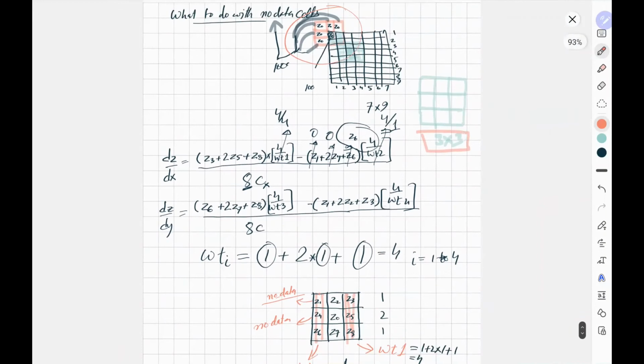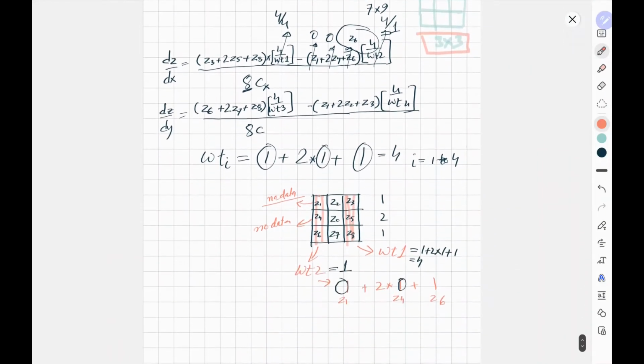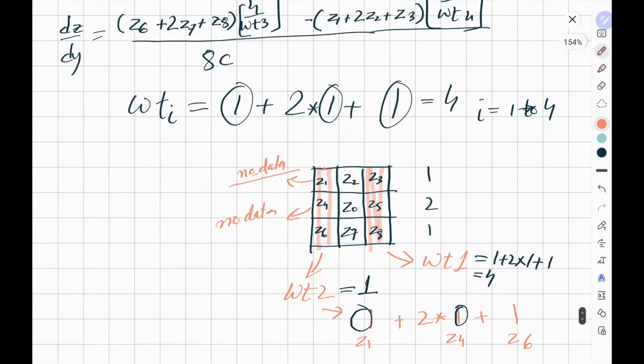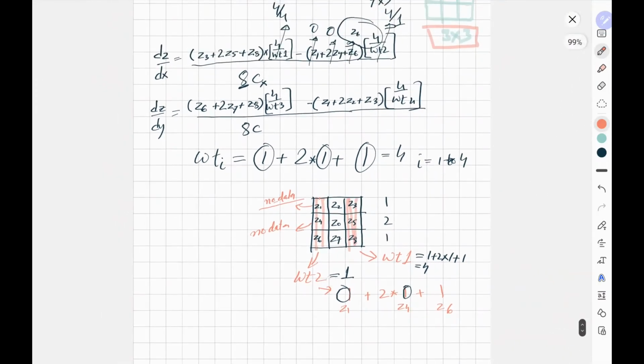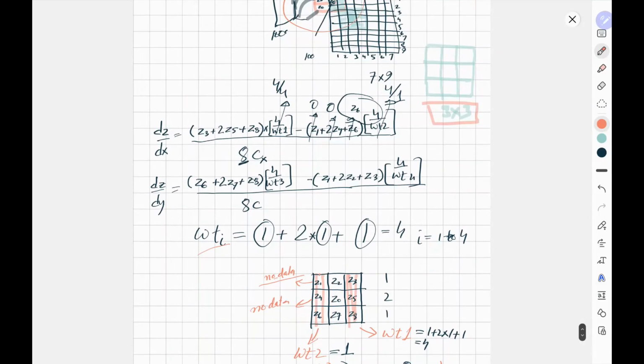In these weights, if any of the cells has no data, for example here Z1 and Z4 are no data, then your weight will be adjusted for it, and the calculation will be performed.